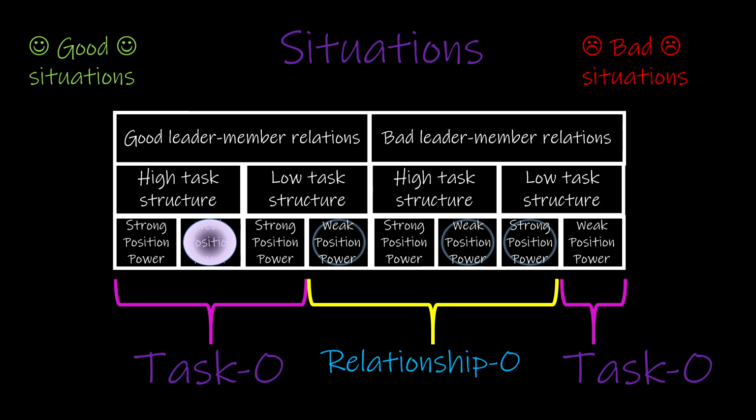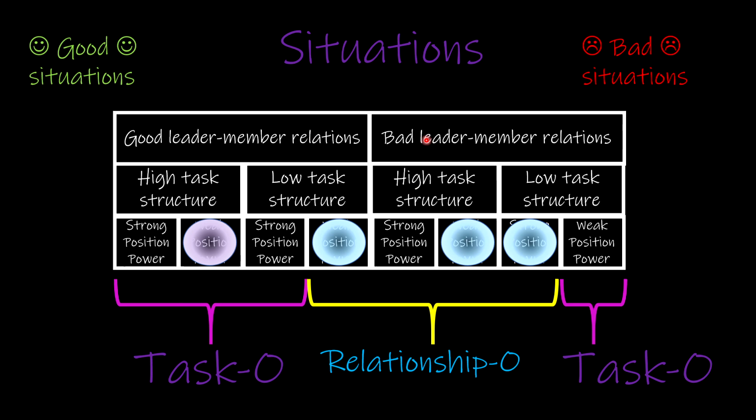So our three different options here are that we can focus on trying to change the position power, because if we can get to strong position power, we're in a little bit of a better situation, and we're also in a situation where relationship-oriented leaders are more likely to be successful. If we can change from low task structure to high task structure, again, we're in a little bit of a better situation, and again, a situation where a relationship-oriented leader is more likely to be successful.